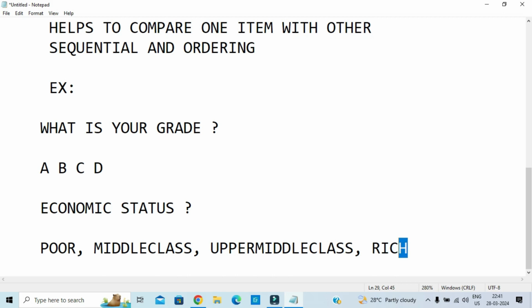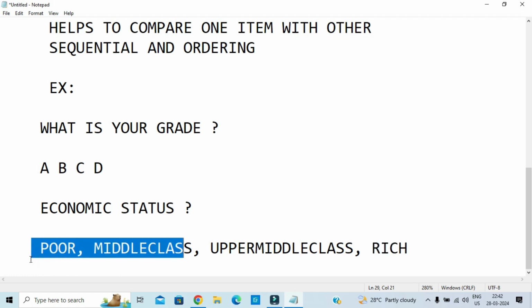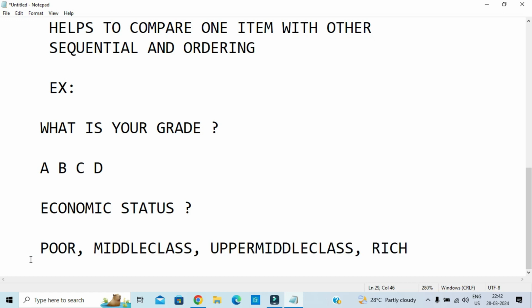This is how we differentiate each result from the others. Each result is compared with other results, starting with poor and ending with rich. It's in a sequential ordering ranking. This is how ordinal data should be represented.